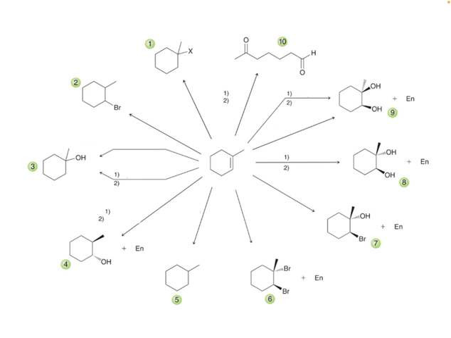Let's see. So how would we get from our alkene in the center to product number 1? And the X stands for a halogen. How would we get to that product?